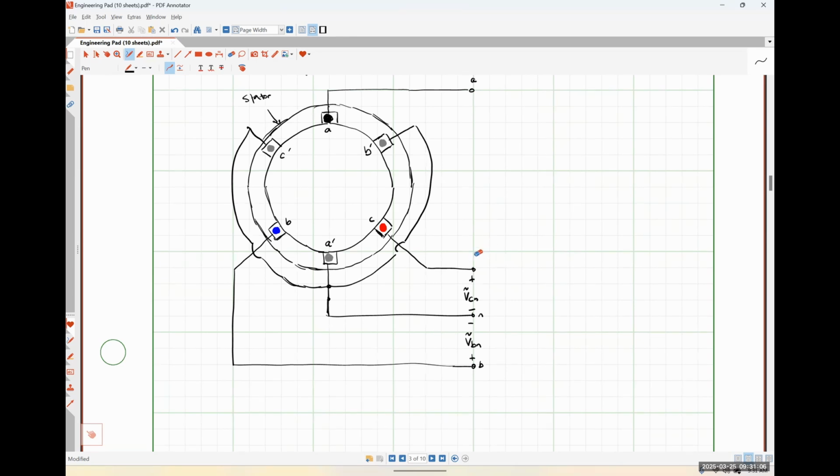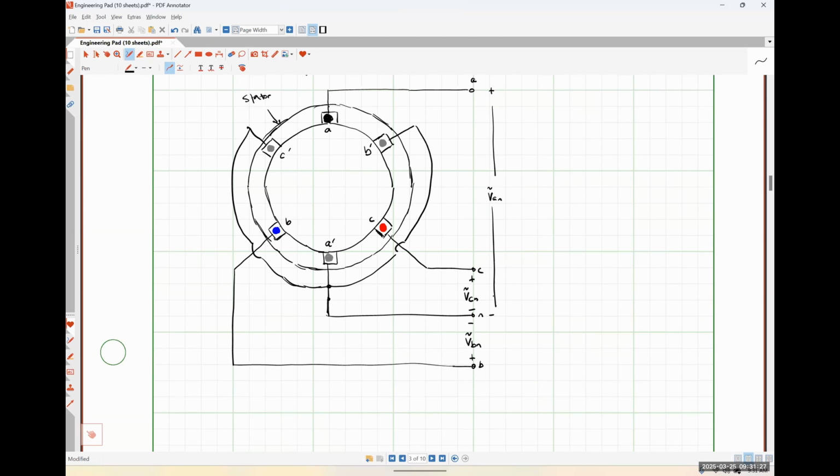And then lastly, I will also have access to a voltage VAN. So that's between the A terminal and the neutral terminal, like so. Okay. So those are my connection points.